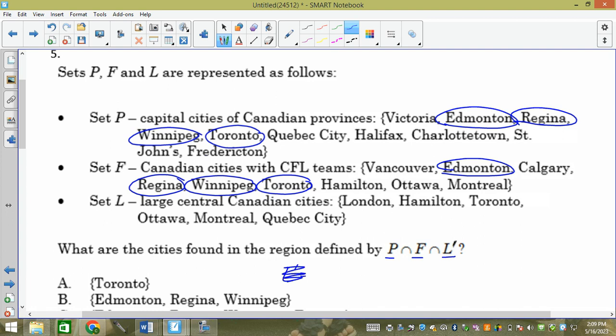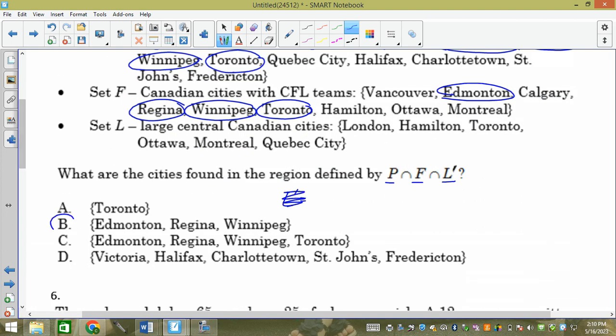The rest look separate, right? Fredericton? Okay. Now what we want, if those are what is in P and F, we want the ones that are not in L. So which of those are not in L? Toronto is in L. So which of those are not in L? Edmonton, Regina, and Winnipeg. You want the ones that are in both, but not in that one, right?